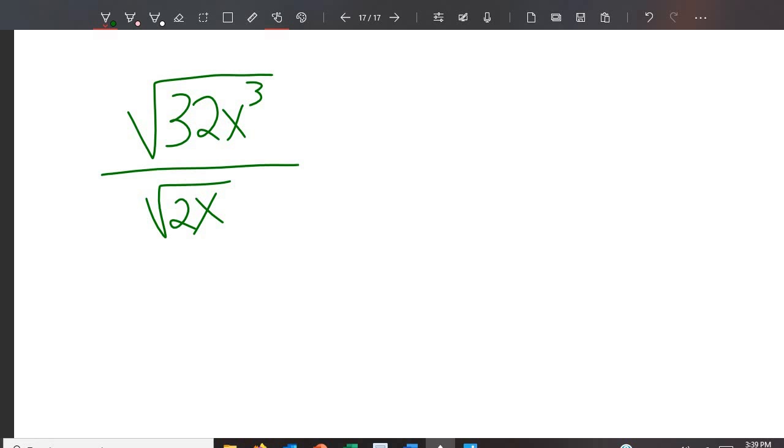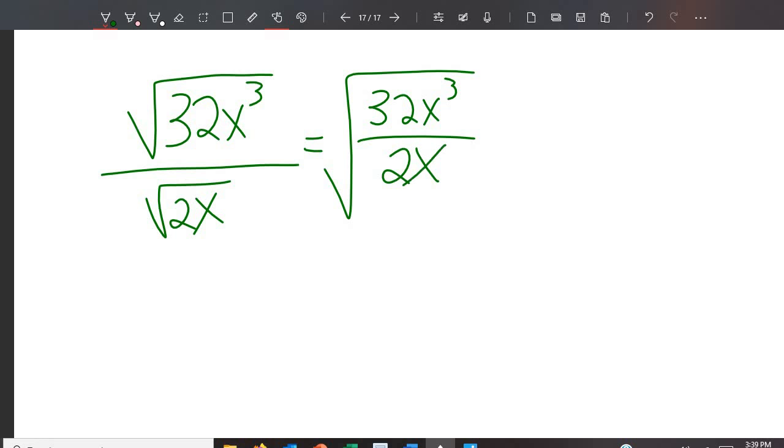Okay, if you've got a fraction and it's split apart as a square root in the top and the square root at the bottom, what you want to do is put the numerator and the denominator under a single root. You want to write it like this. Once you rewrite it, you're going to divide and you're going to simplify like all the other problems. This one's pretty straightforward. 4x.